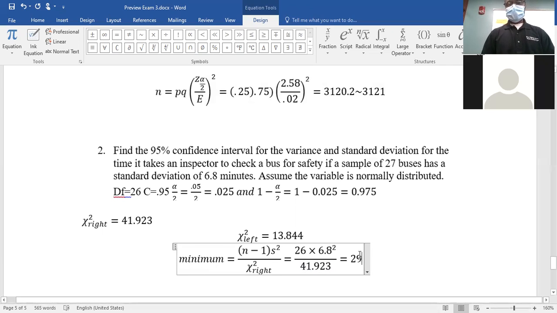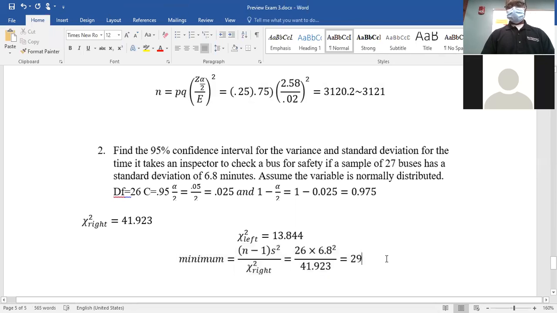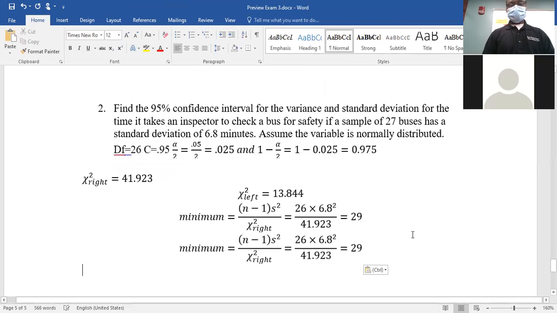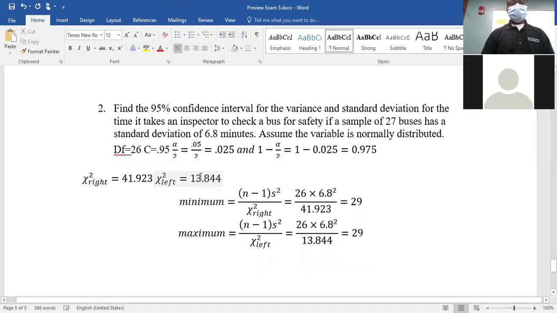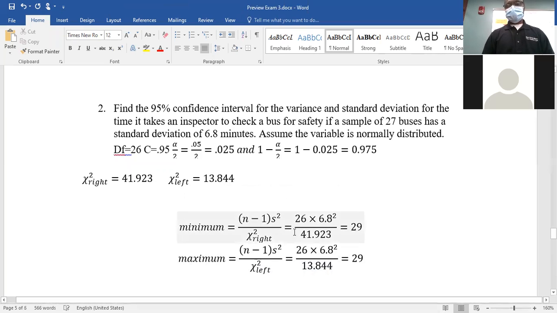Okay. Now we are going to do the same here for the maximum. Here will be left. And we change this to 13.844. So what do we get?